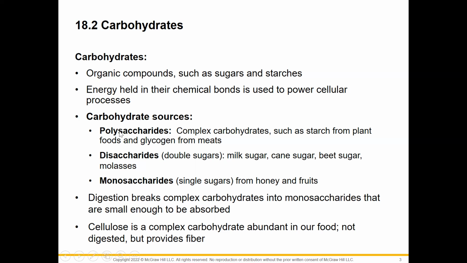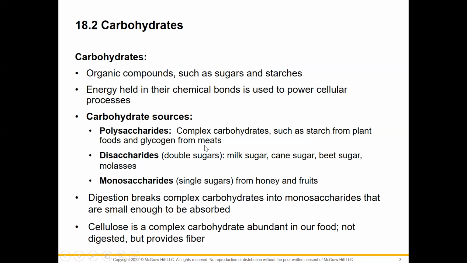Saccharide refers to a sugar. So polysaccharides have many sugars as part of their structure. You have complex carbohydrates like the starches from your plant foods, say potatoes, sweet potatoes, carrots. All of those will have complex carbohydrates.